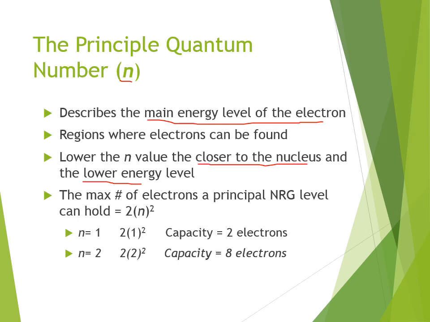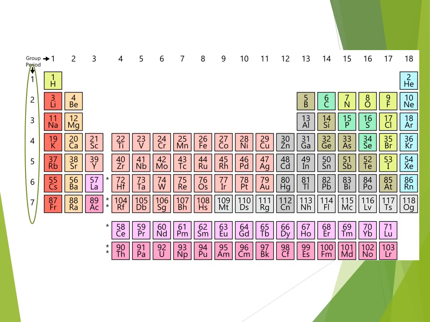We will see the principal quantum number represented on the periodic table. Looking at the periodic table, remember when we talked about periods and we said there were 7 periods? I have circled them here in green. Those are your n levels: n equals 1, n equals 2, n equals 3, n equals 4, so on and so forth.